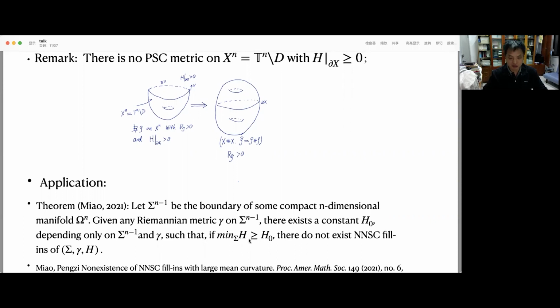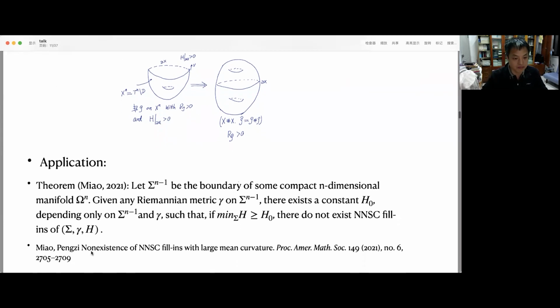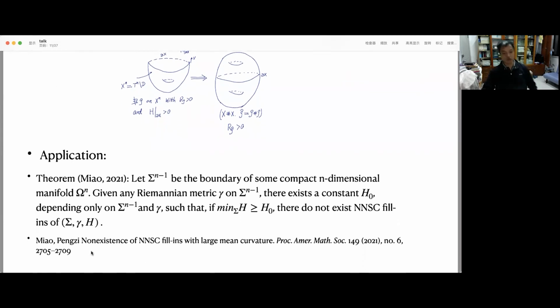And if the mean curvature is bigger than or equal to H naught pointwise, then there does not exist a non-negative scalar curvature fill-in of these triples. This gives an answer to Professor Gromov's question, which I mentioned before.